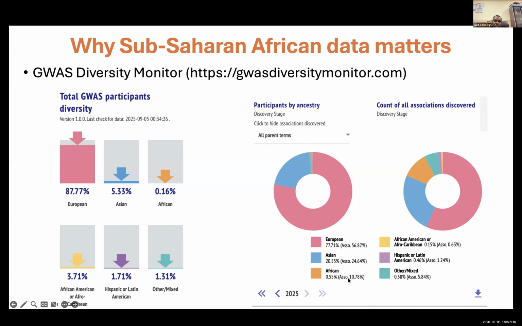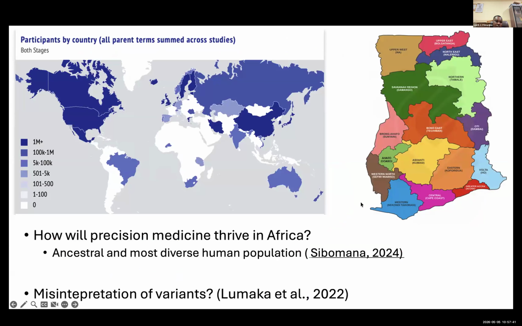This is not surprising considering how diverse the cohort is. So in essence, though few Africans have participated in GWAS as far as the discovery phase is concerned, they've contributed significantly, to as much as about 10% of associations. Using African data sets has great potential for revealing more associated loci, and as diverse as this population is, this is very important.